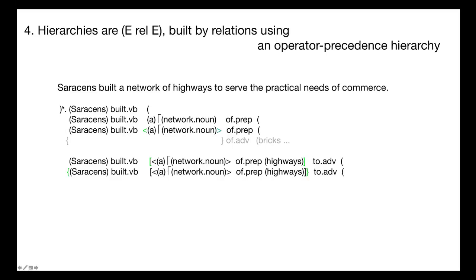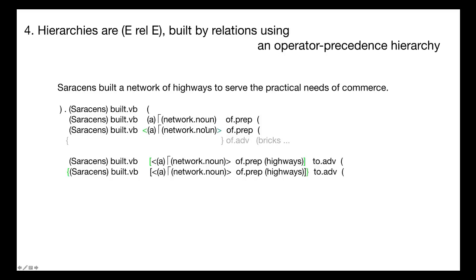Well, here's another sentence just from the corpus. "Saracens built a network of highways to serve..." So Saracens built a network. So this all goes as I've been telling you. Now you get to "of." What you want to happen is for "a network" to be an entity now. And so we'll say for the moment that someplace around the word "of," there's an operator that's building things.